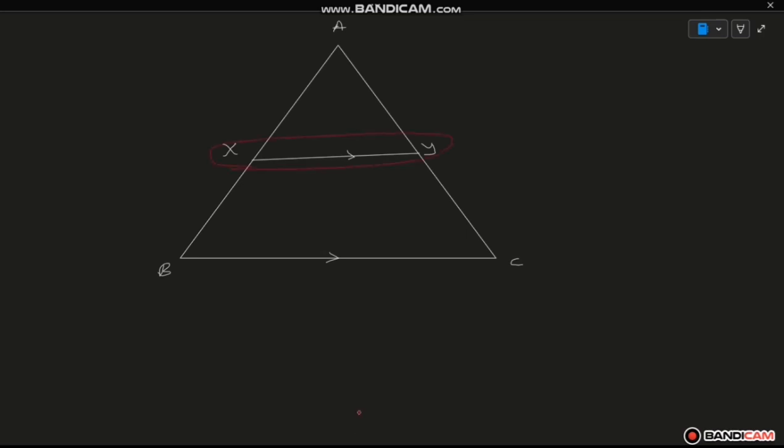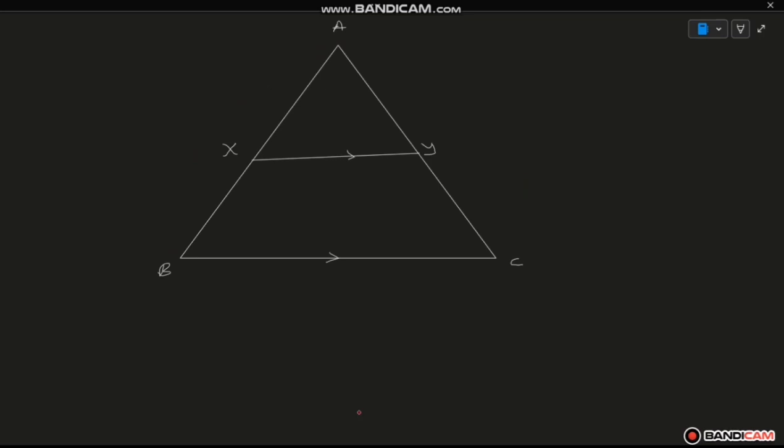So if XY is parallel to one side of a triangle, which is BC, then what happens? It divides the other two sides in proportion, AB and AC. I hope that makes sense.